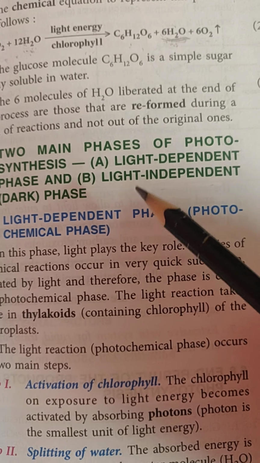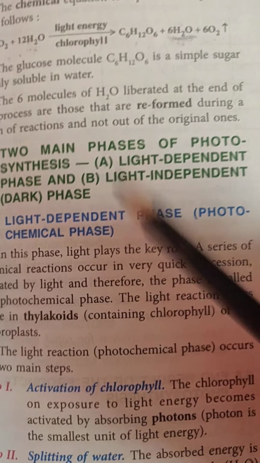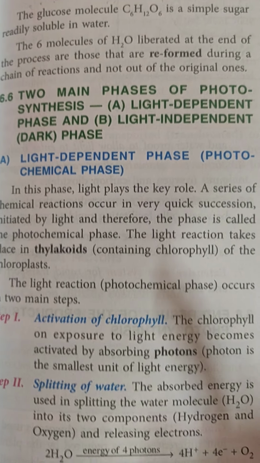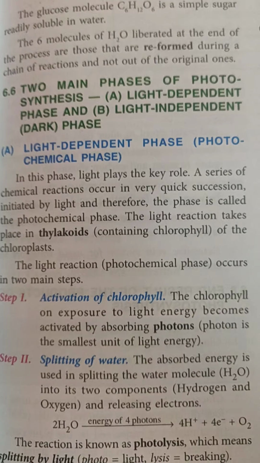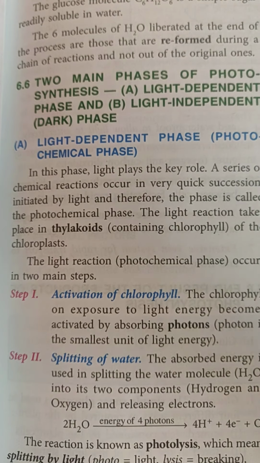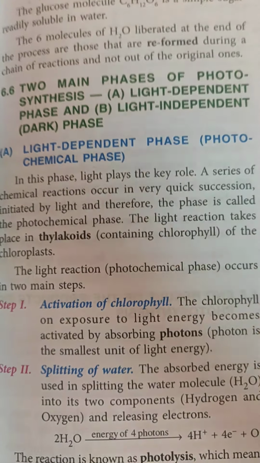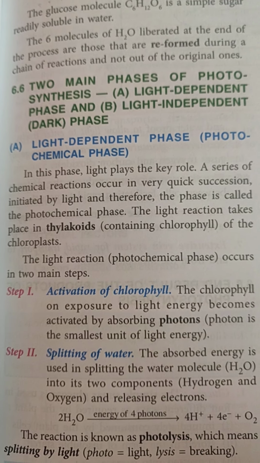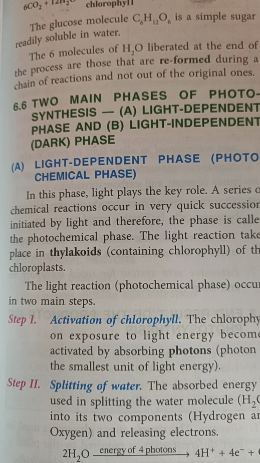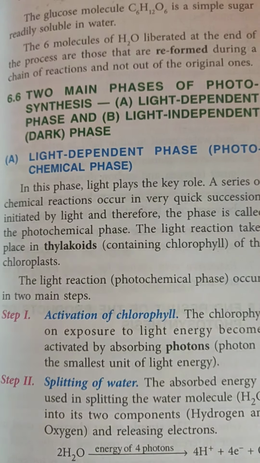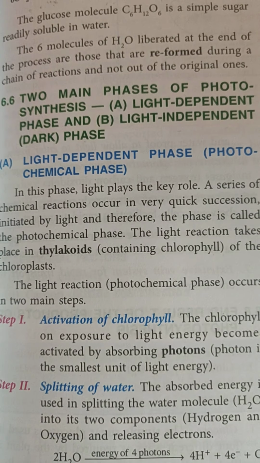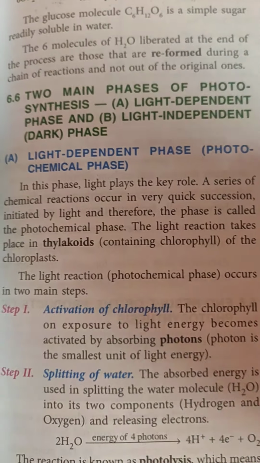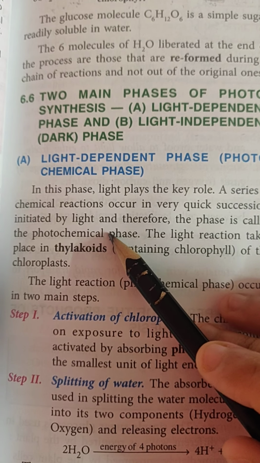Today we will talk about the light dependent phase, which is also known as the photochemical phase. As the name suggests, light has the key role in this. A series of chemical reactions take place, like chain reactions, but those reactions are initiated by light. That's why this phase is called the photochemical phase.